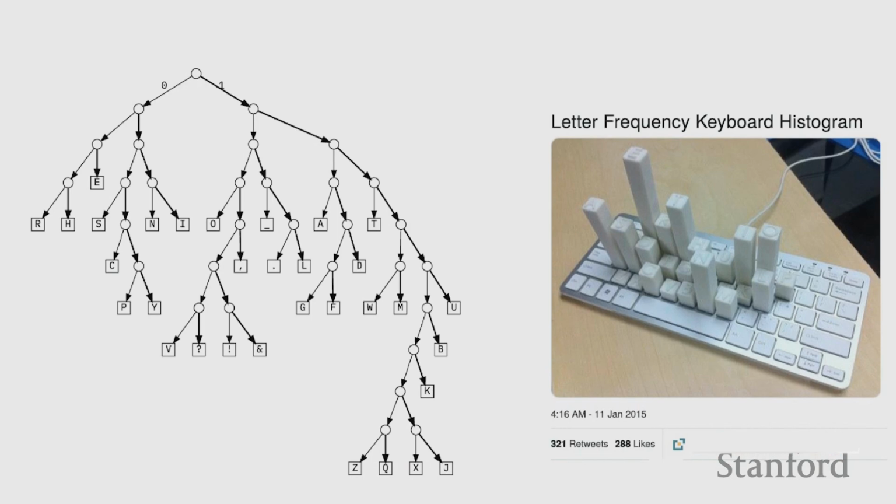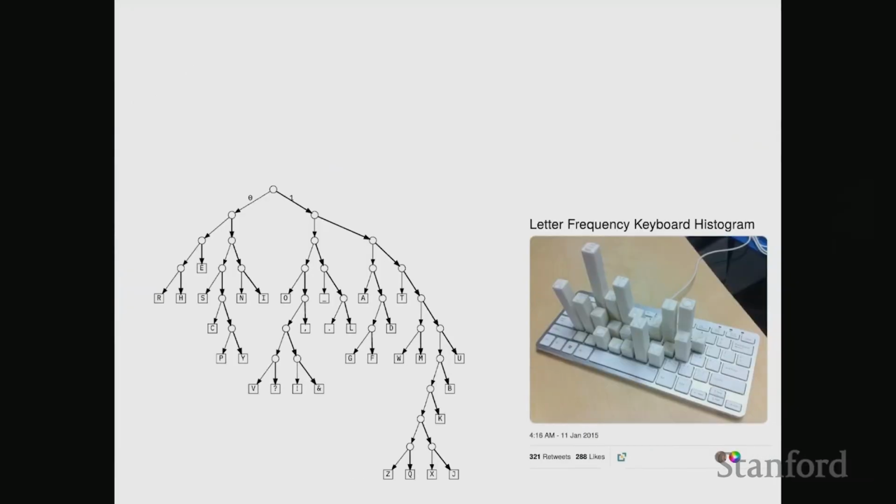You can see E has a very short code word. Z, Q, X, J, the less commonly used letters in English, are much longer, right? But it's non-trivial. If you didn't know the algorithm, this is the optimal code for this distribution.